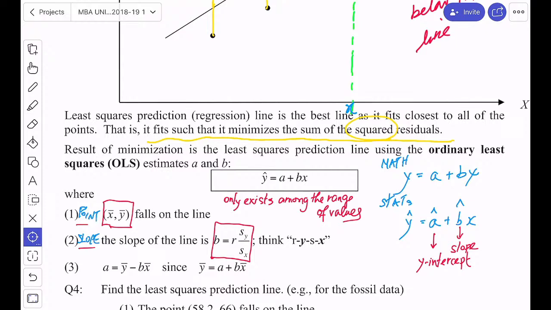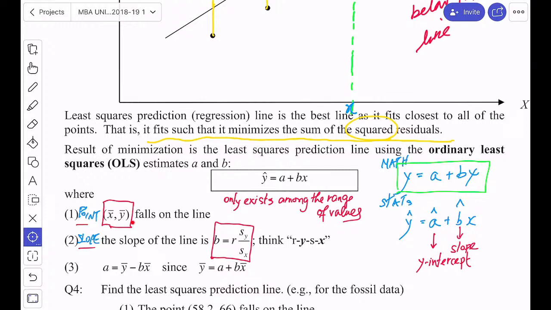And then with a slope and a point, we can compute the equation of a line. What we do is we take this expression and we plug in what we have.